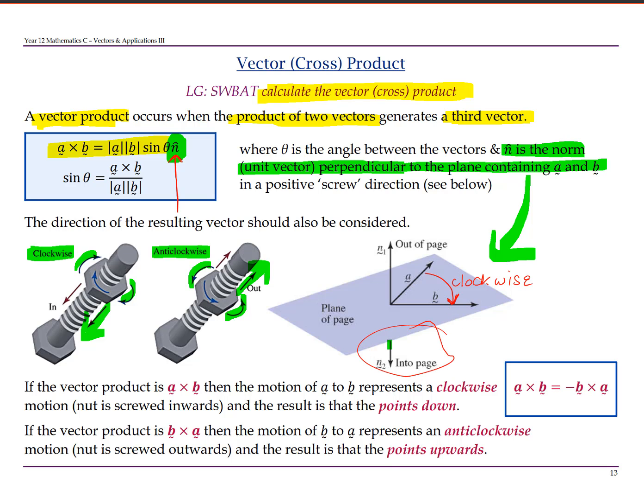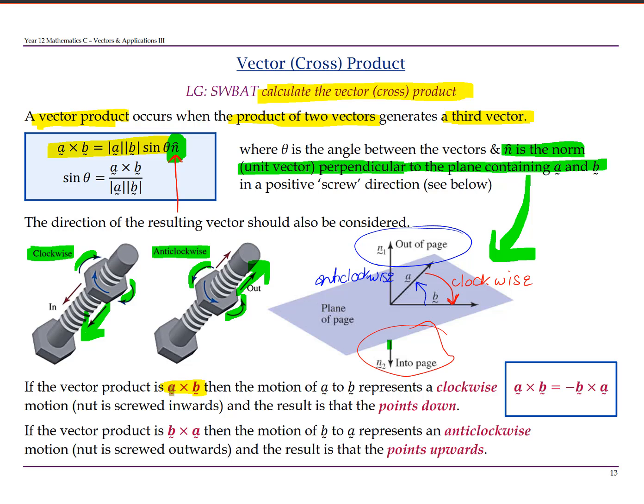In contrast to that, if I'm going from B to A, so B cross product A, then I'm going anti-clockwise, and my resulting vector is going to be out of the page. So that's represented down here.